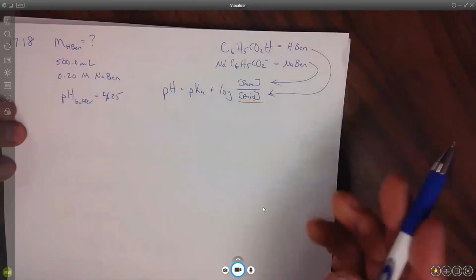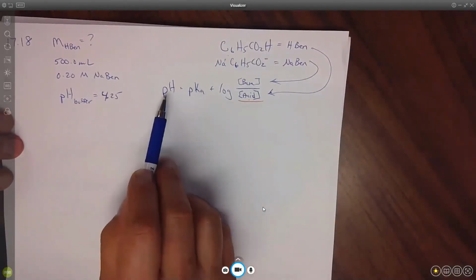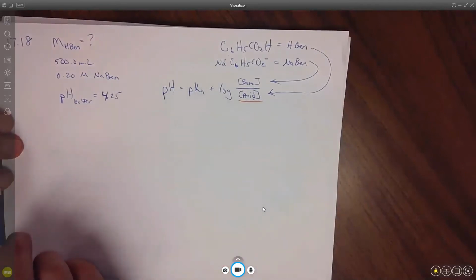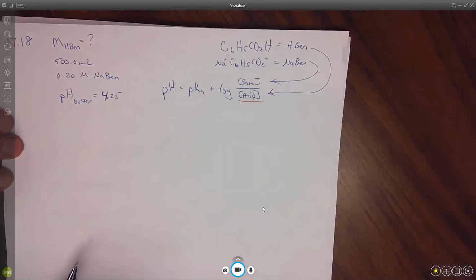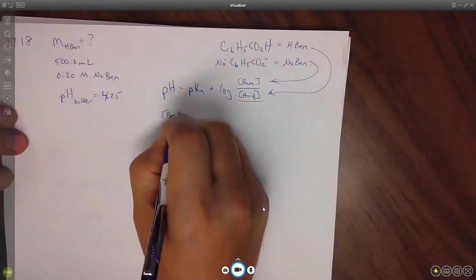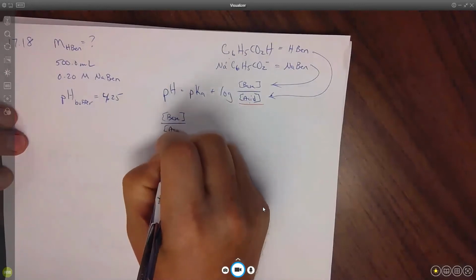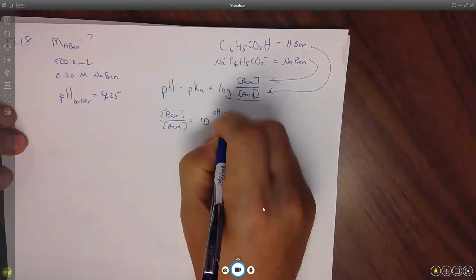I'm going to rearrange this equation. So I'm going to subtract the pKa from the pH. So it's going to be pH minus the pKa. That's going to give me the log of the base over the acid. Then I'm going to take the anti-log. So that means the base over the acid is going to be equal to 10 to the pH minus the pKa.